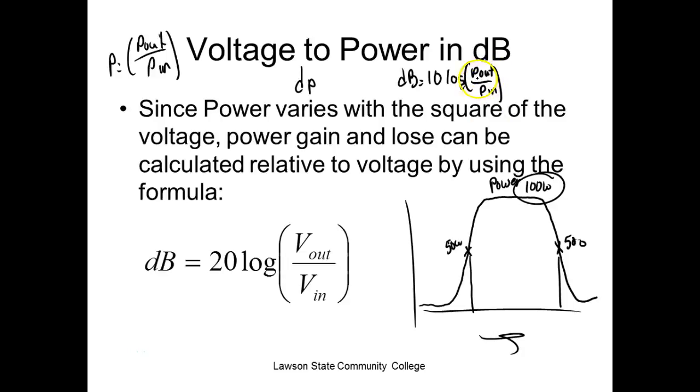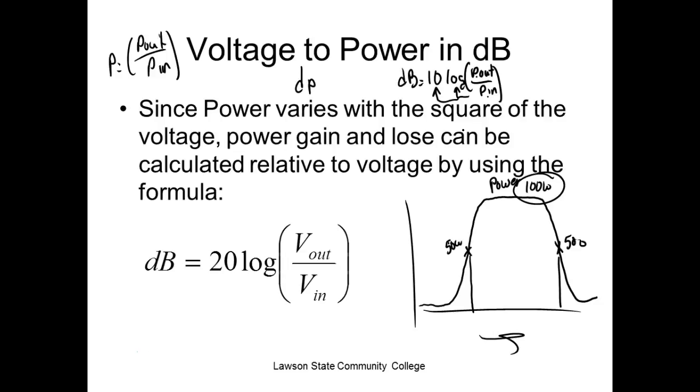So what would we do first? We'd take power out over power in. Then we would take the log of that. Then multiply it by 10. That's the way they give the log formulas for power. They'll say power gain in dB would be equal to 10 log P out over P in.